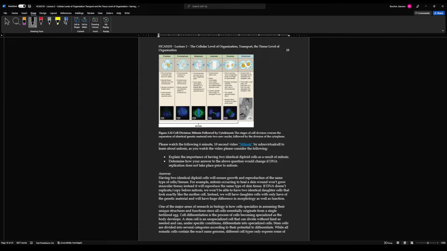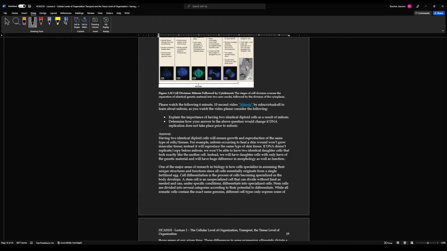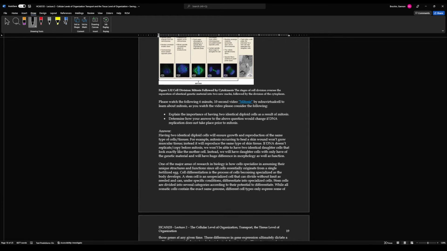With metaphase, our chromosomes kind of line up and chromatids will attach, so that in anaphase, the next step, the chromosomes are essentially ripped in two, okay? And again, this is the chromatids. Once that happens, the nuclear envelope reforms around them, and then cytokinesis occurs where the membrane invaginates and we break into two cells.